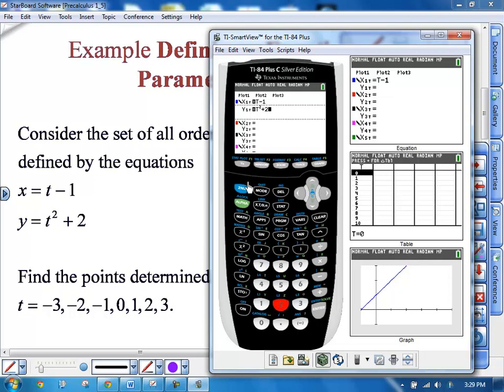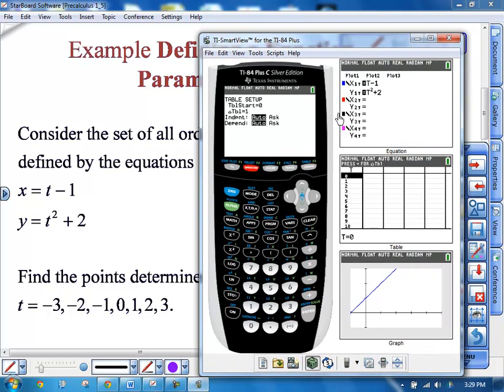Now, I'm going to go to my table, so I'm going to go to second table set, and I got to start my t values here, it looks like at -3 and go to 3. So I'm going to start it at -3, and we can look at the table then. And that's what they wanted you to copy down. It gives you your x and y ordered pair.